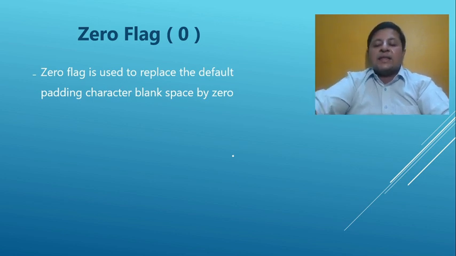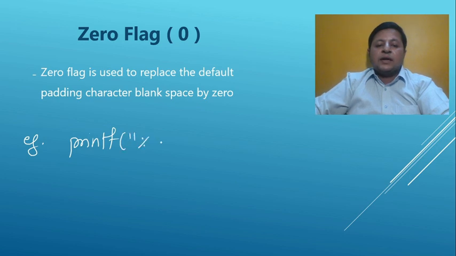Let us take an example. Say I have printf percent 5d, a, and let's assume the value of a is 23. So far we have already seen the output.